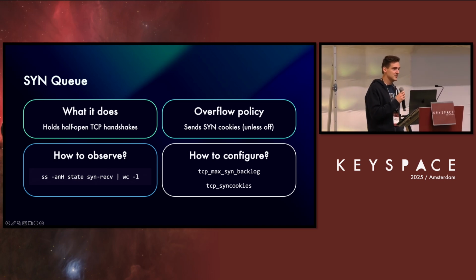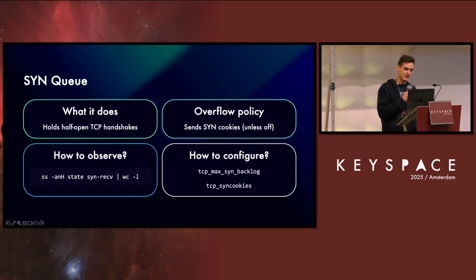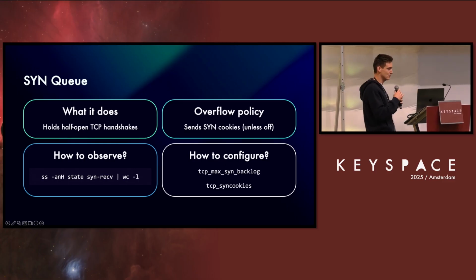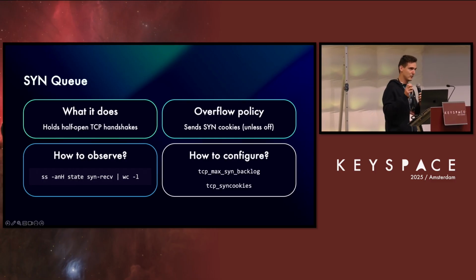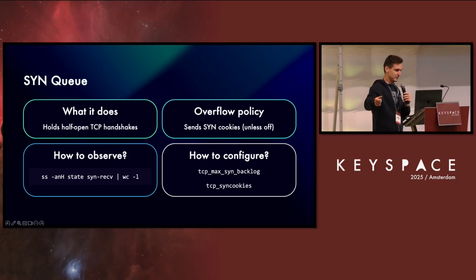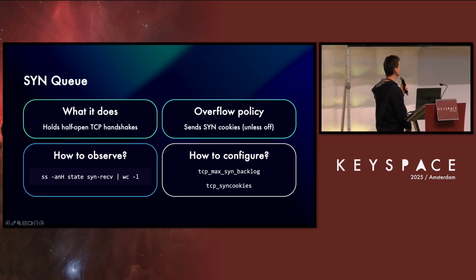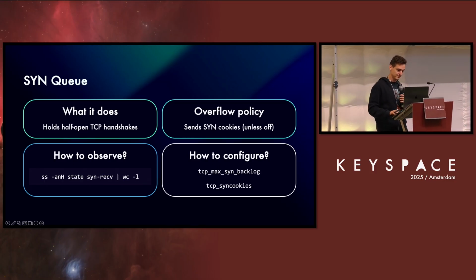And of course, it has a limited size, and when it overflows, the new connection can be dropped, or there's something called SYN cookies. We won't talk about it too much, but it's a way for the kernel not to add new entries and keep the handshake active. There's no metric for this, but you can use the ss socket statistics utility to monitor the size.